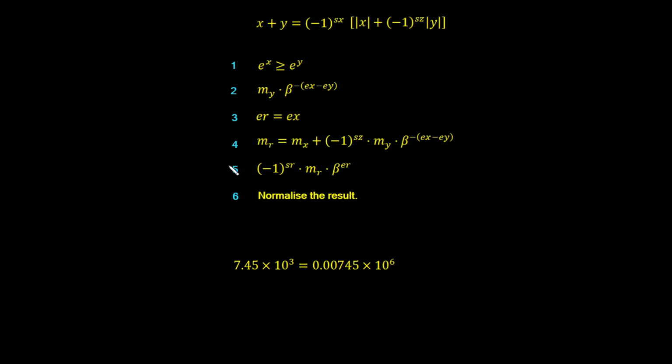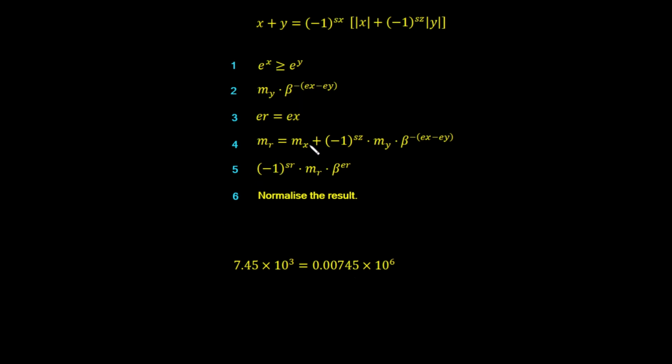So the final result is going to be given by this value, which we can call mr, which is this value above, and it's going to be times beta to the power of er. Now er is this exponent value, and we're going to have the sign, which is going to be given by minus 1 to the power of sr. Now our sr here is going to be given by this term here, our minus 1 to the sx, and also our truth table, which we've seen on the previous page.